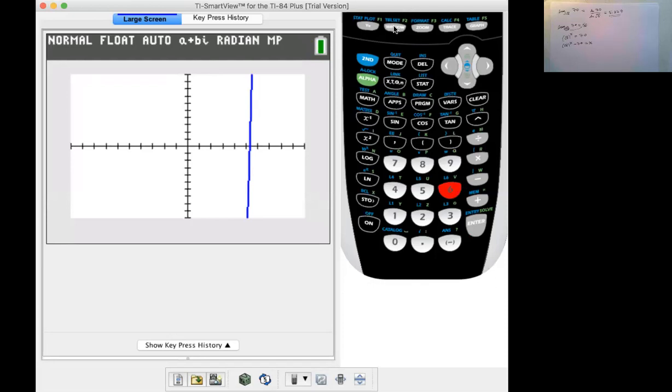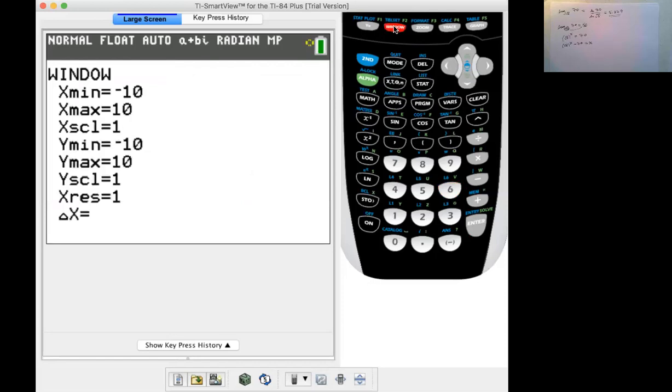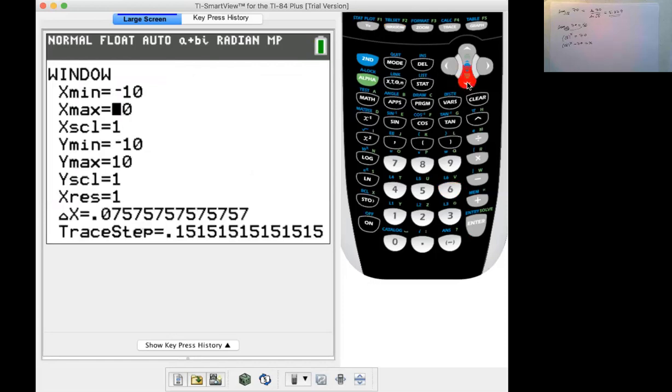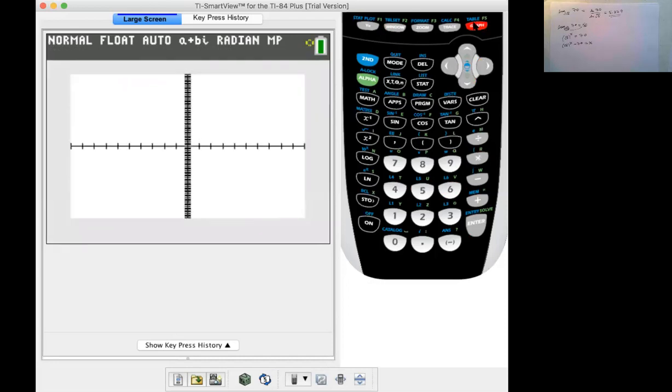I don't like it looking almost vertical. When that happens, I greatly increase my y min and y max. So we can do that, multiplying by 5 maybe. Just don't like the line to look vertical. I like to see it move from left to right so I can find my left bound and my right bound. And again, we're looking for 5.279 as the answer. That's a little better.